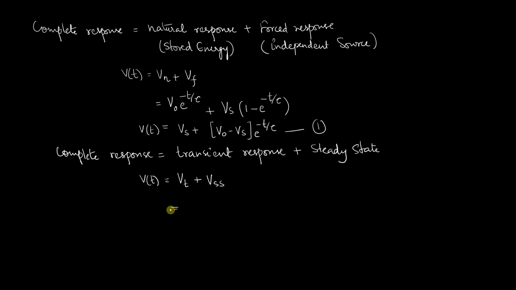Transient response will be equal to V0 minus Vs e power minus t by tau plus steady state response will be equal to Vs. Finally, this also ends up with the same expression as the previous one, with e power minus t by tau.